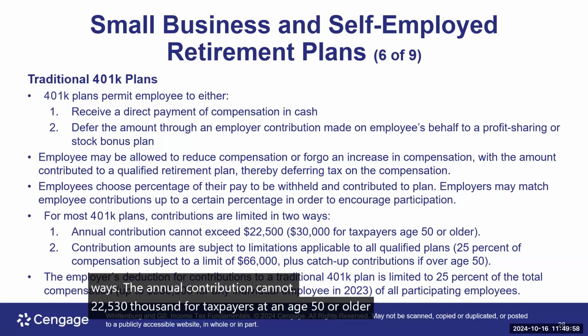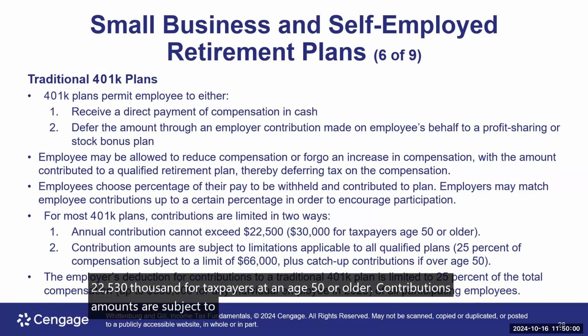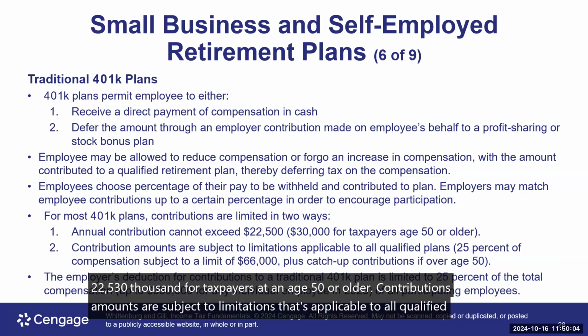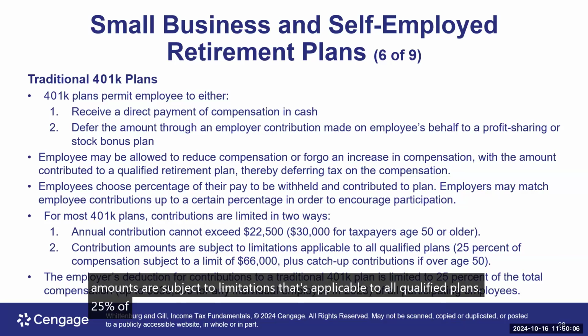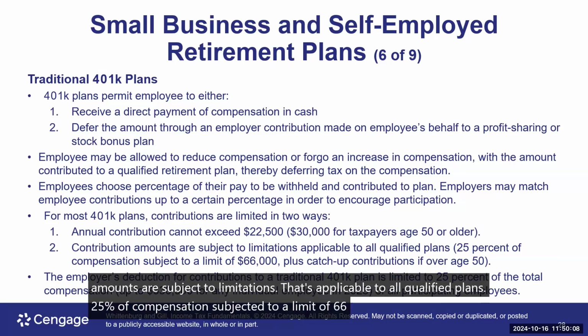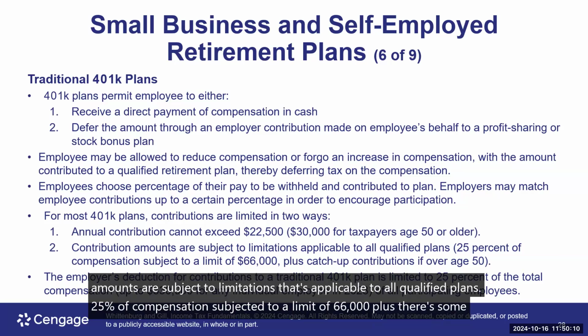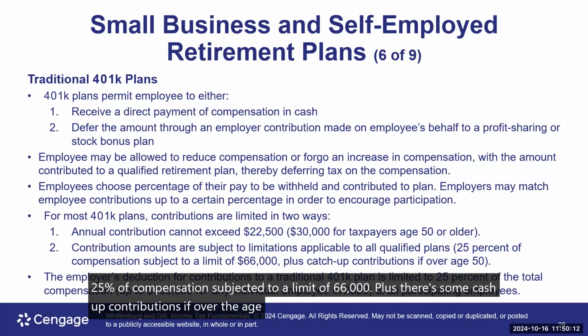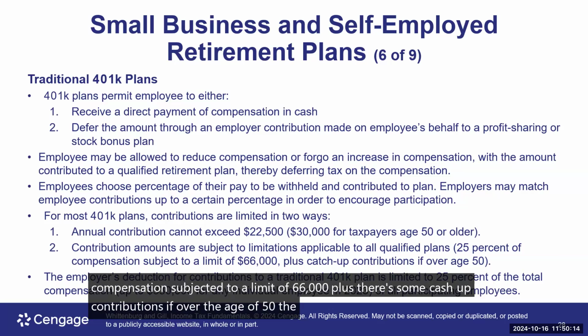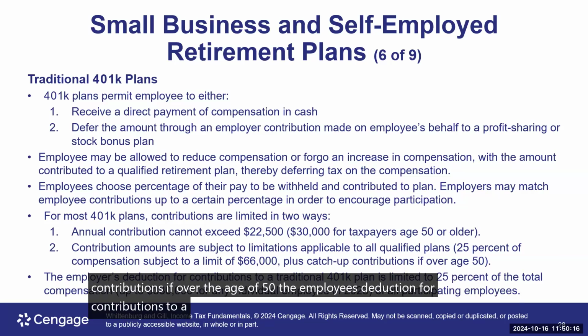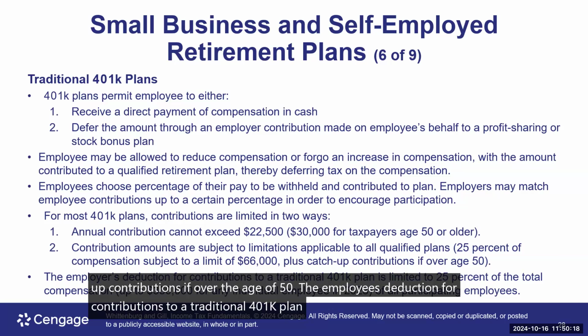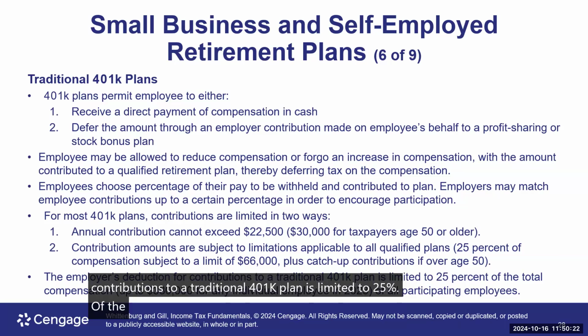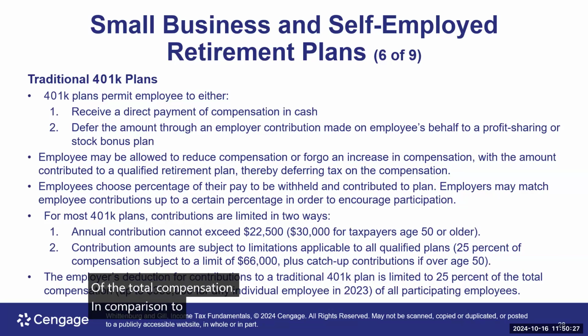Contribution amounts are also subject to limitations that are applicable to all qualified plans: 25% of compensation, subject to a limit of $66,000, plus catch-up contributions if over the age of 50. The employer's deduction for contributions to a traditional 401(k) plan is limited to 25% of the total compensation of all participating employees.